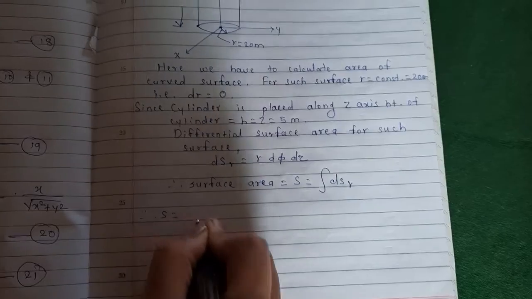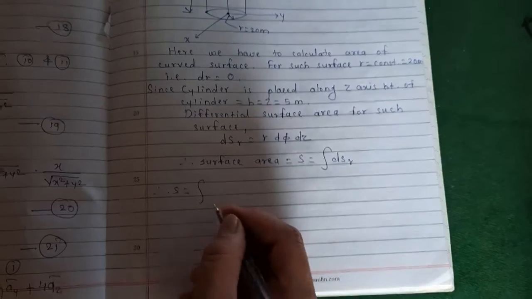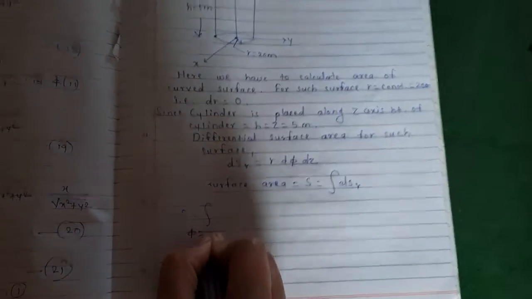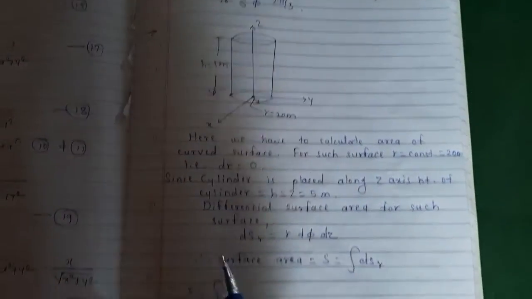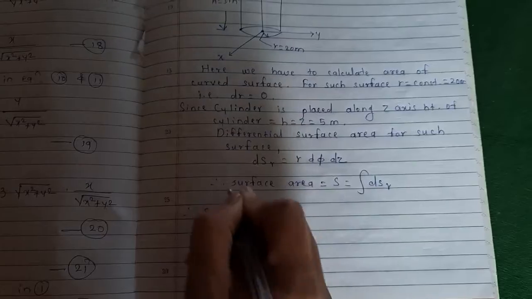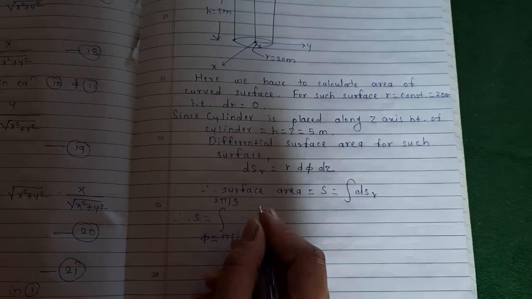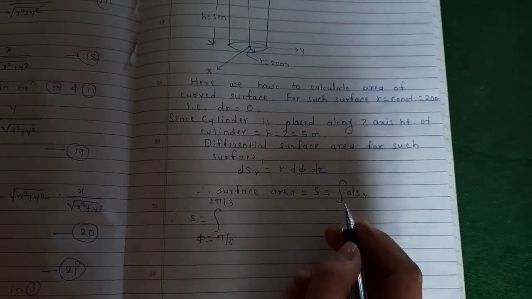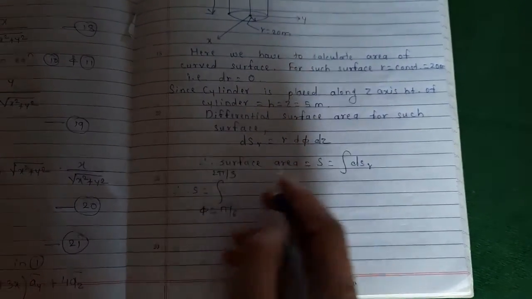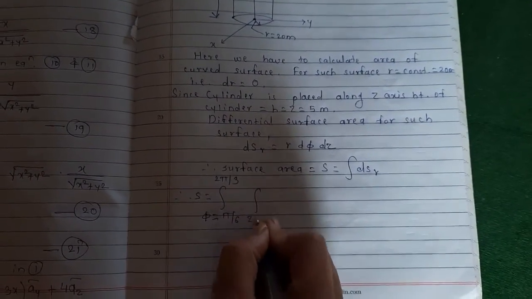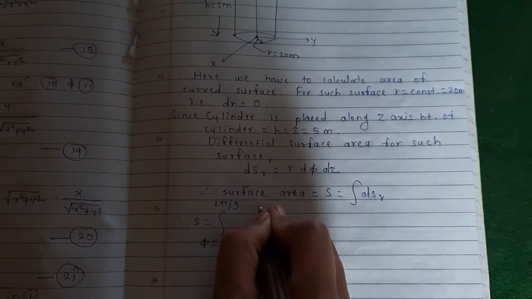The value of phi in the given problem is from pi by 6 to 2 pi by 3, that is from 30 degree to 120 degree. This is for phi, and for the z integration, z goes from 0 to 5 meter.